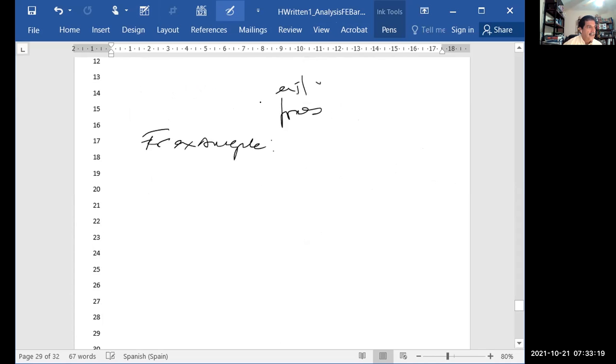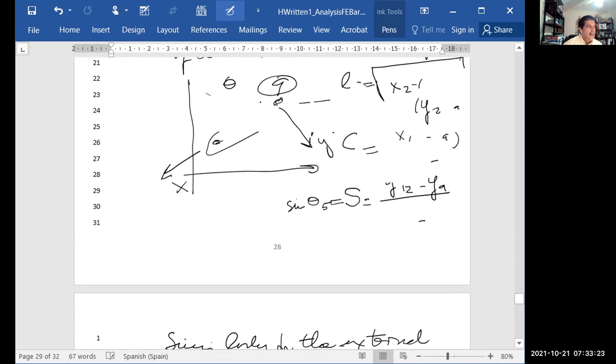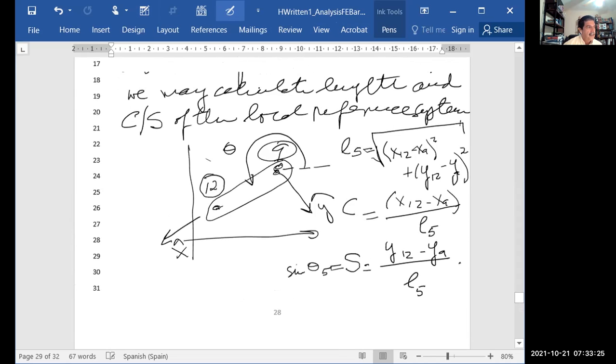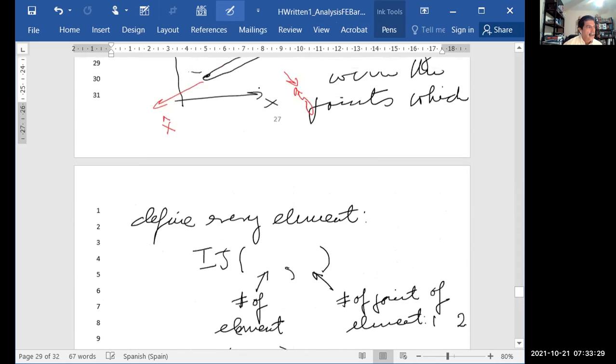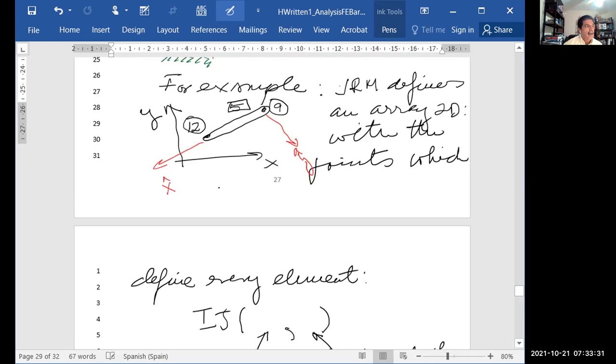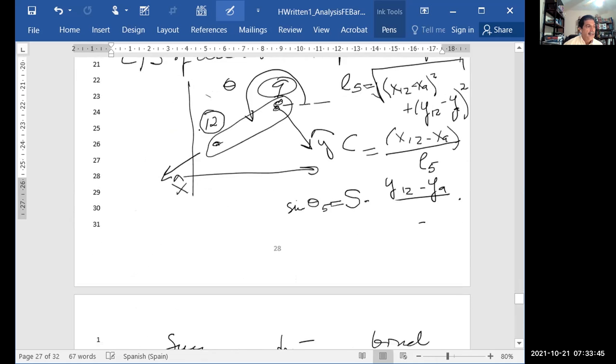We had this example from before. Let's suppose I have this case. We have the fifth element, and the fifth element is connecting joint 9 and joint 12. Please keep that in your mind. So 9 and 12.